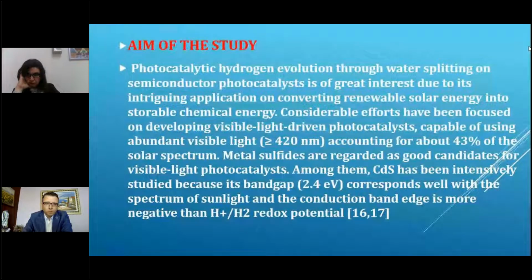Metal sulfides are regarded as good candidates for visible light photocatalysts. Among them, cadmium sulfide has been intensively studied because its band gap corresponds well with the spectrum of sunlight, and the conduction band edge is more negative than the hydrogen redox potential.